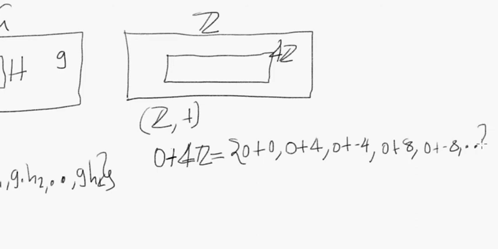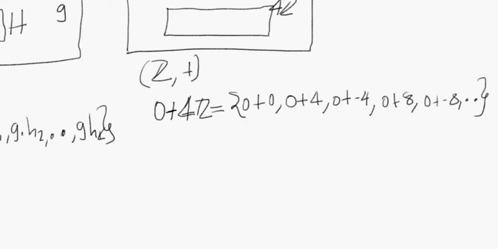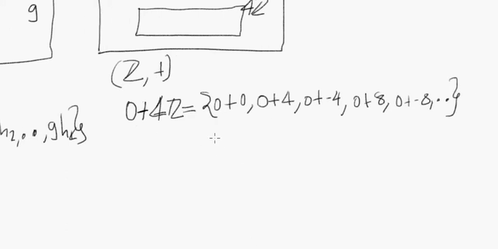This coset is infinite. And obviously 0 plus anything is itself, so 0 plus 4Z is really just 4Z. The zeros give us the same set back.